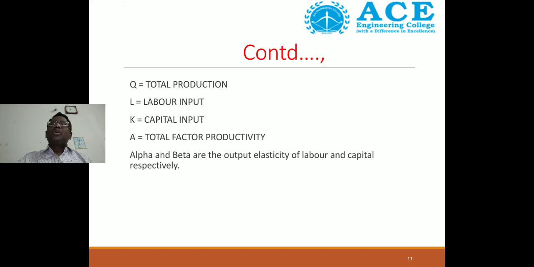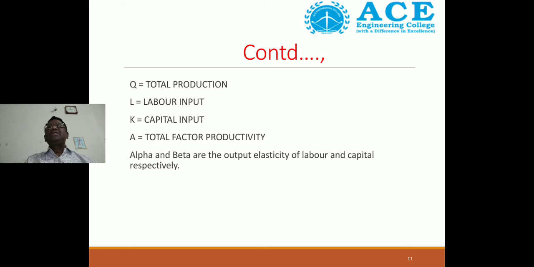Q equals the total production, L equals the labor input, K equals the capital input, A equals the total factor productivity. Alpha and beta are the output elasticity of labor and capital respectively.